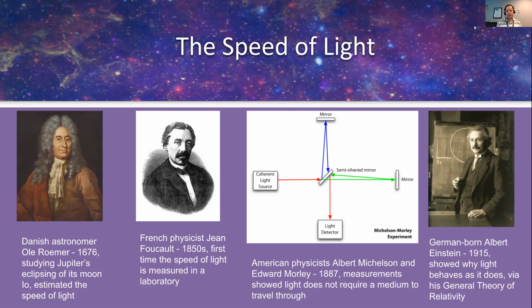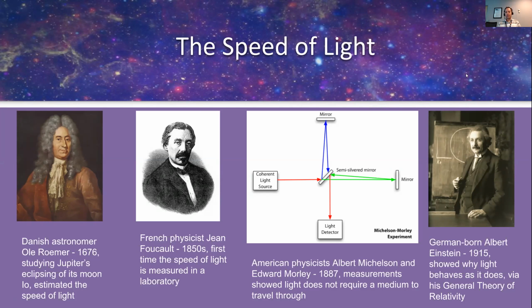And then, of course, we have American physicists Michelson and Morley in 1887 that showed that light does not require a medium to travel through. So we understand light as behaving both like particles and waves, but like most waves, we associate them traveling through some medium, but light does not require a medium to travel through.